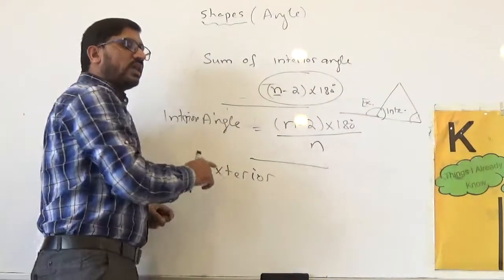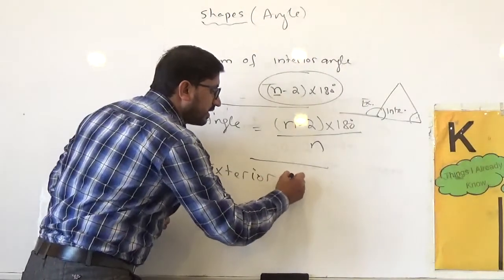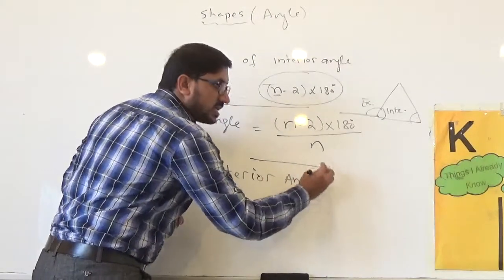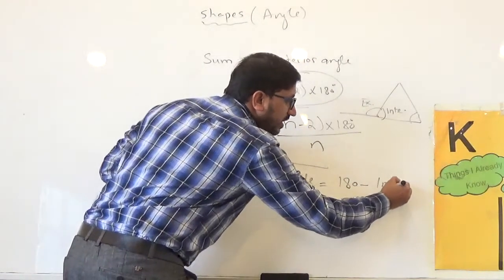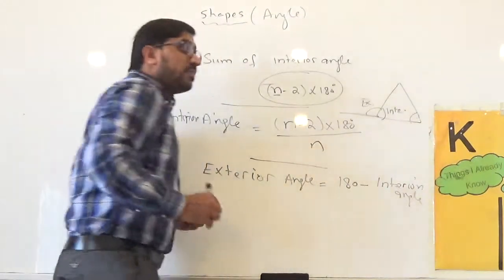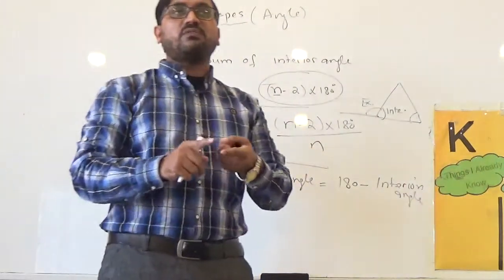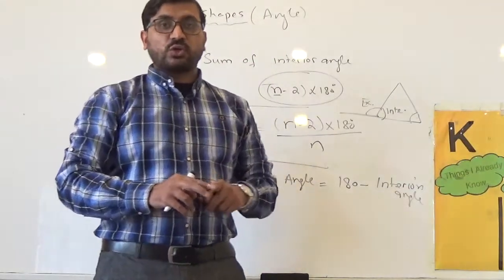So the exterior angle is equal to 180 degrees minus the interior angle. You can say that the sum of the interior and exterior angle is equal to 180 degrees.